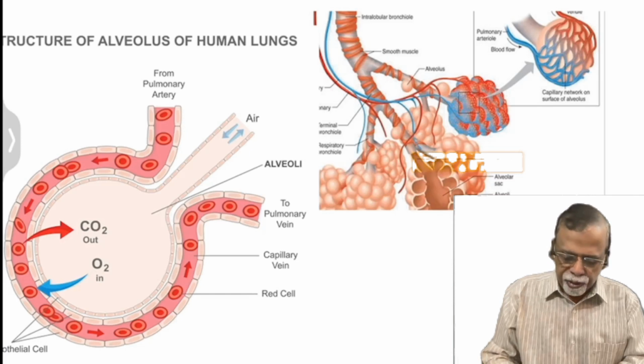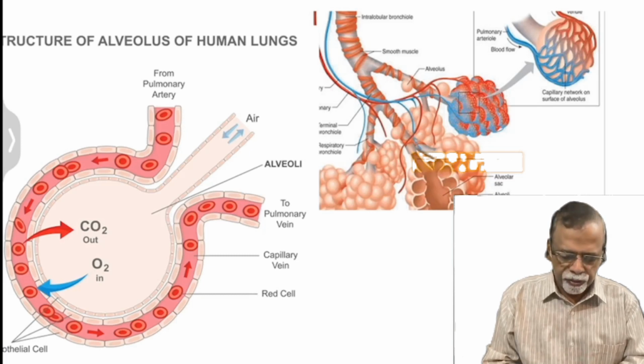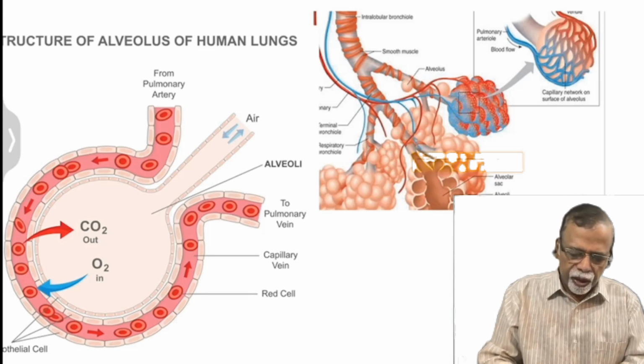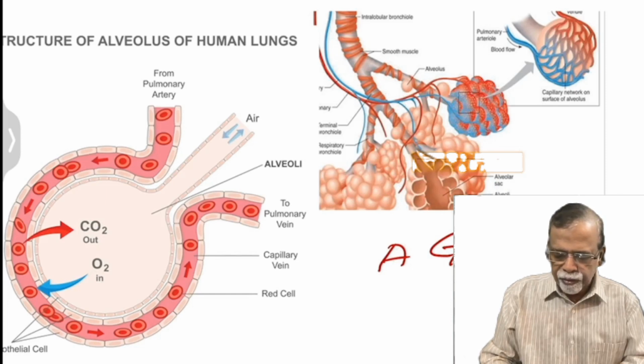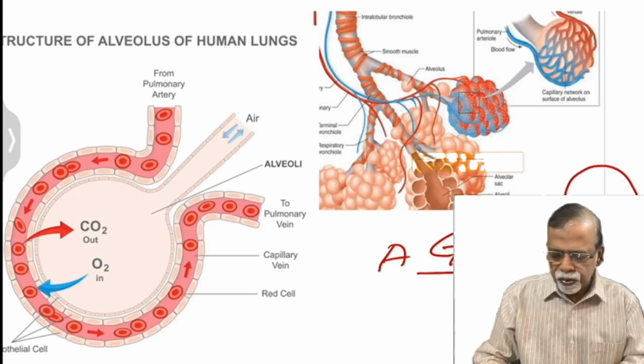There is a glomerular basement membrane, and there is an almost similar structure here for the alveoli. And we have studied the anti-GBM antibody, the anti-glomerular basement membrane antibody.